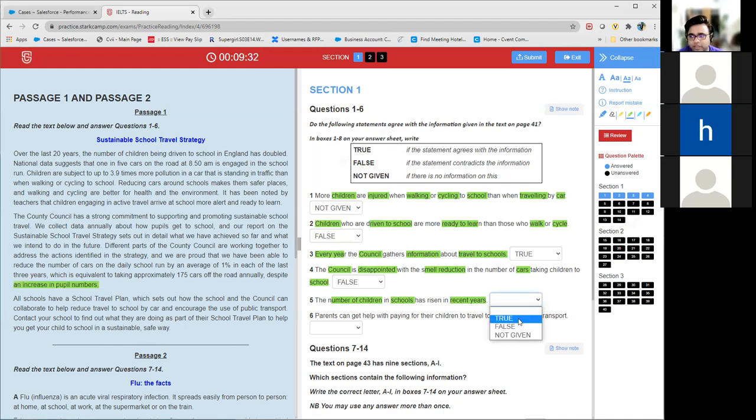Cool. Okay, last answer. Neha, can you please try this? Parents can get help with paying for their children to travel to school by public transport. So public transport could be a keyword: children, travel, parents, paying. We only have 1 more paragraph left. You can quickly read this and see if you have the answer here.